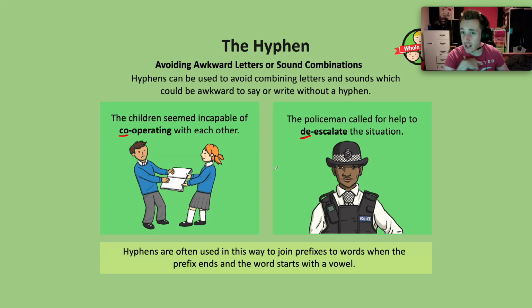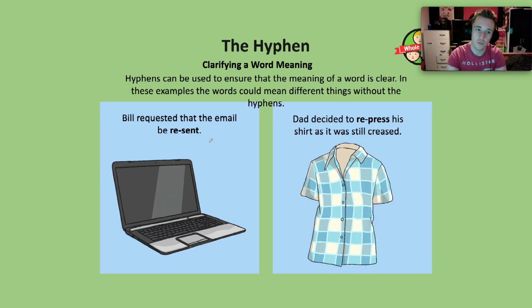These are called prefixes, i.e. they go at the beginning of a word. And you would use a hyphen to link that prefix to the main word. De-escalate, co-operating. Again, you can use it if we're doing the word re, as in re-send or re-press. It means to do it again.